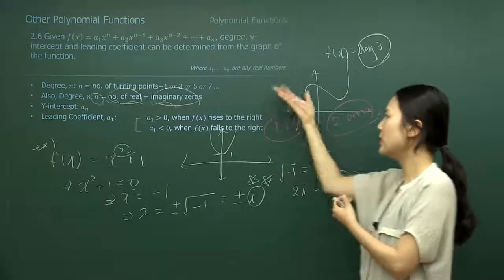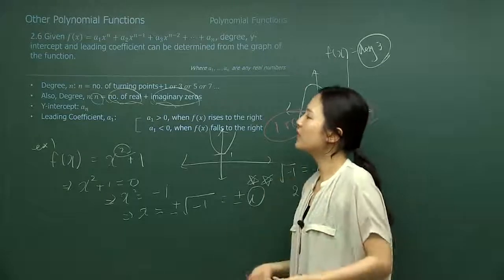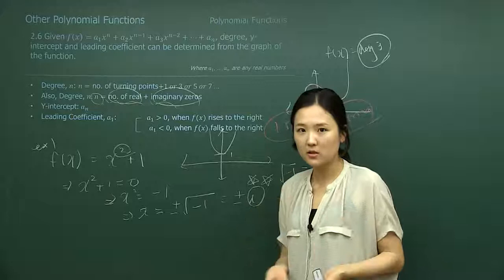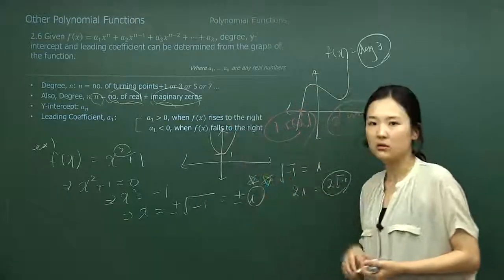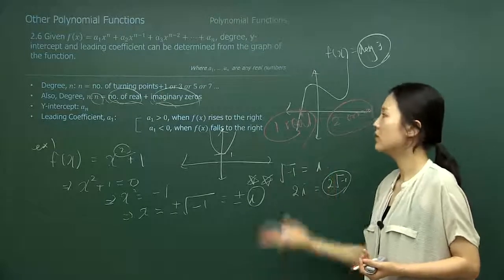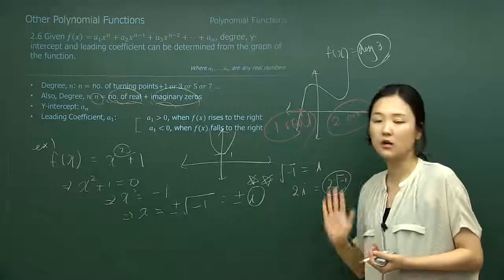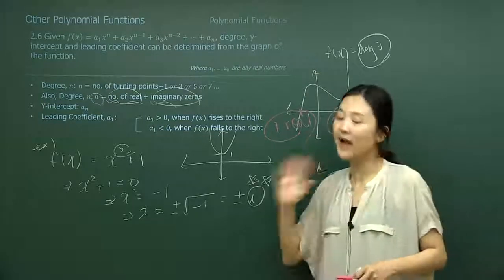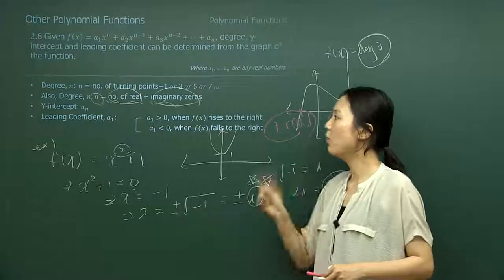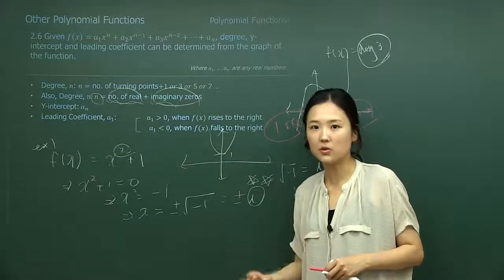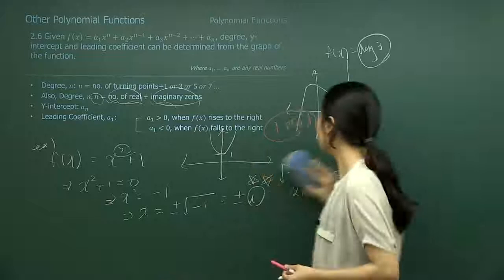There are further things that you need to understand if you want to go deeper, but for your SAT Subject Test, that's all you need to remember. Just remember the number of real zeros plus the imaginary zeros equals your value n. So if you see a degree of 5 and you only see 1 real zero, then you know that there are 4 imaginary zeros. Except you must be careful.